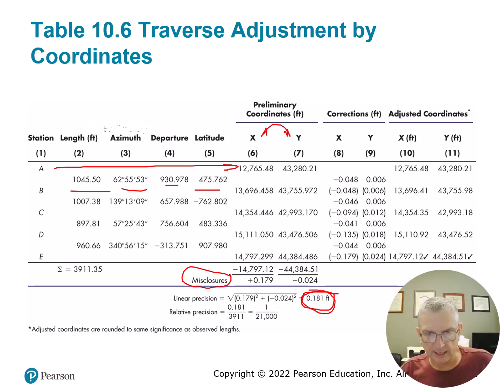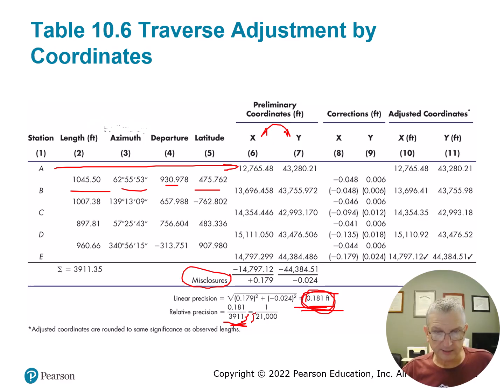Now, what you do here is, of course, this computes the same thing. 0.181 is your actual error, which is Pythagorean. You take the square of your easting error, square of your northing error, take the sum of that, 0.181, that's your actual error, your linear precision. You're out 0.181, and your relative precision is, again, they do this a little bit backwards, but you divide the distance traversed, which they should have done 3911.35. They just rounded that to the foot.